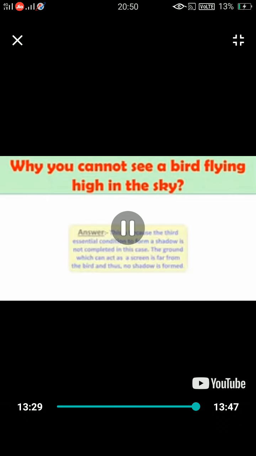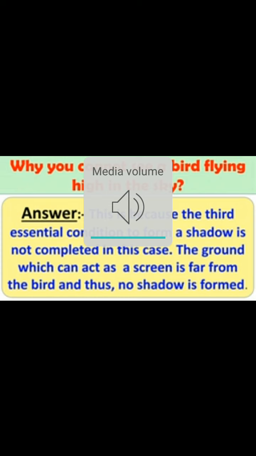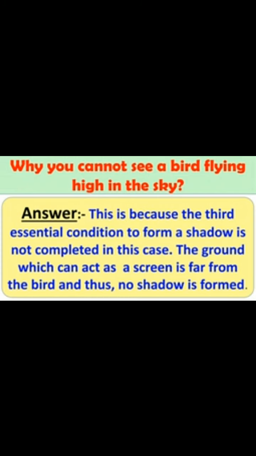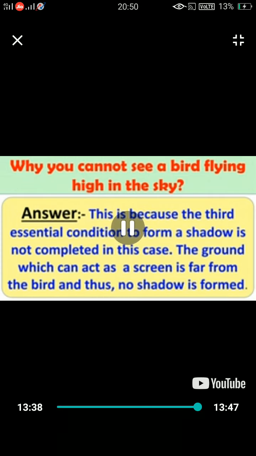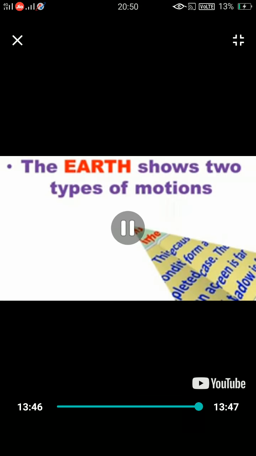So no shadow is formed of that bird flying high in the sky. This is the answer. The third essential condition to form a shadow is not completed in this case. The ground, which can act as a screen, is very far from the bird, and thus there is no formation of shadow.